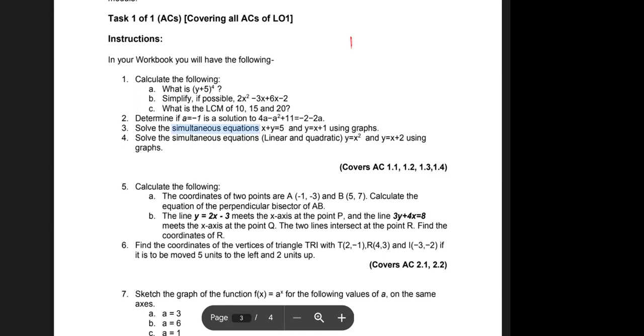The multiples of 10 are actually what? 10, 20, 30, 40, 50, 60, 70. You know that? This one, 15, is what? 15, 30, 45, 60, 75, 90. This one, 20, is going to be what? 20, 40, 60, 80, 100. Can you see?